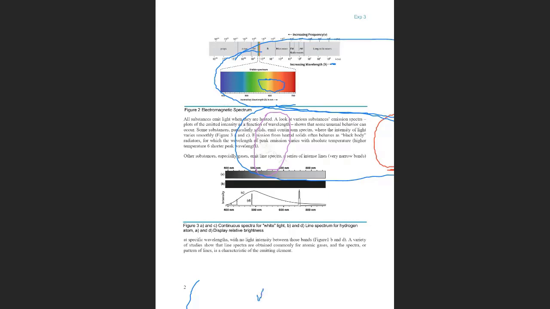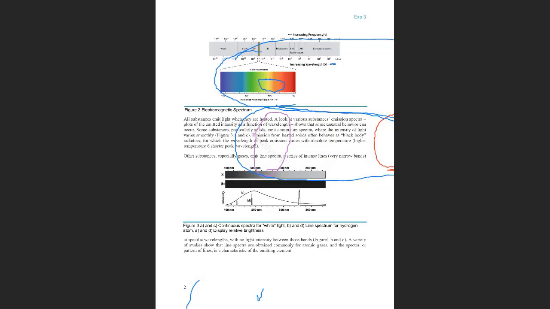Here, A and C will be this one. As you see, we have a spectra, which is the intensity of the light versus the wavelength.